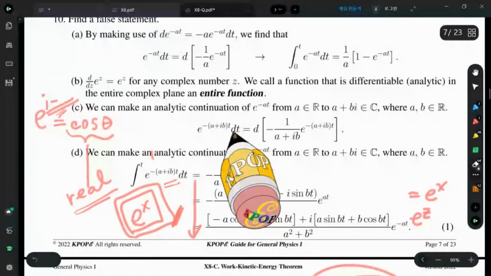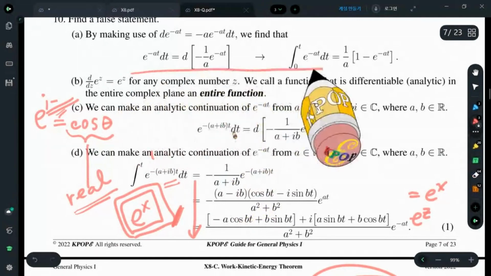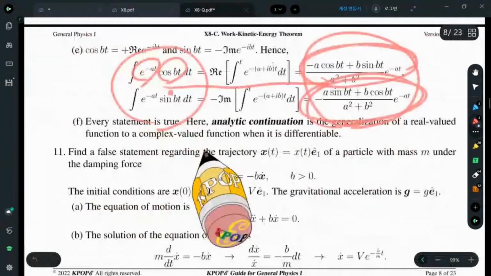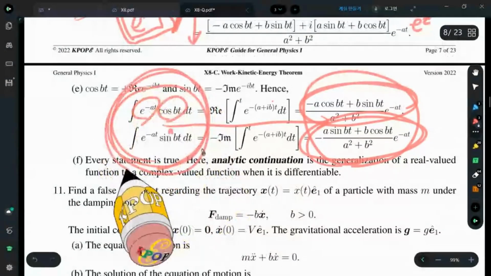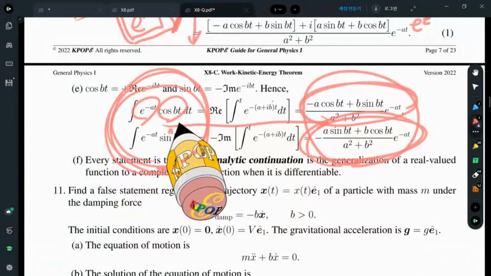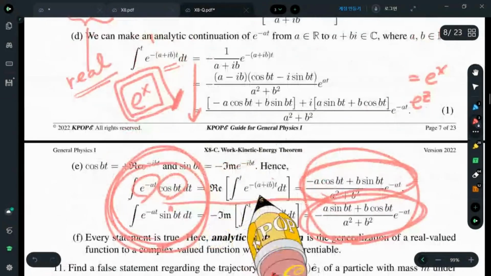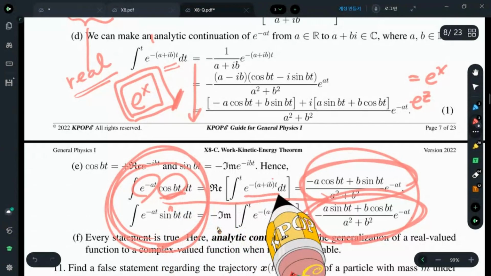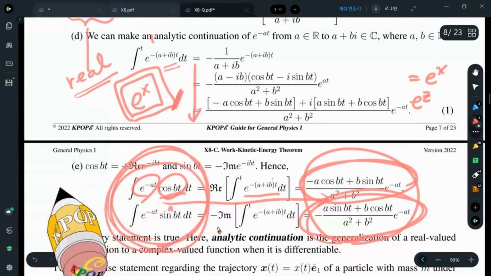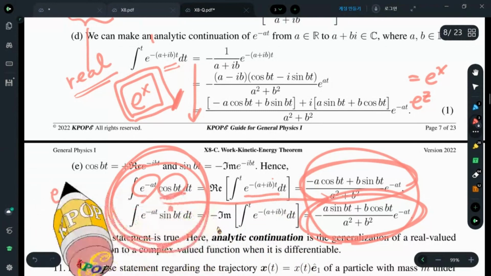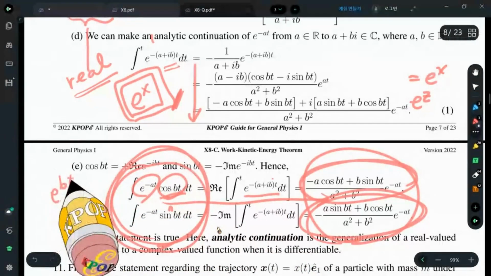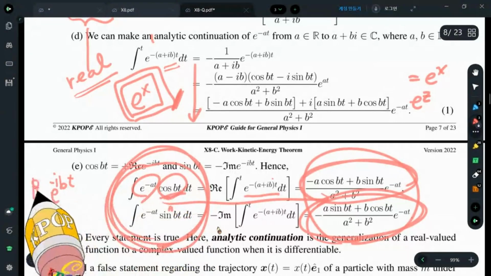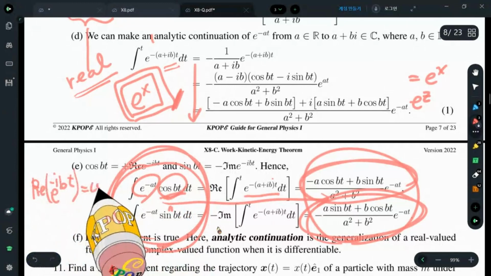Okay, in short, everybody knows this integration very well, but if you want to carry out this cosine or sine structure integration, what you want to do is just to replace this one as an exponential integral, because e to the minus i bt, the real part is cosine bt.